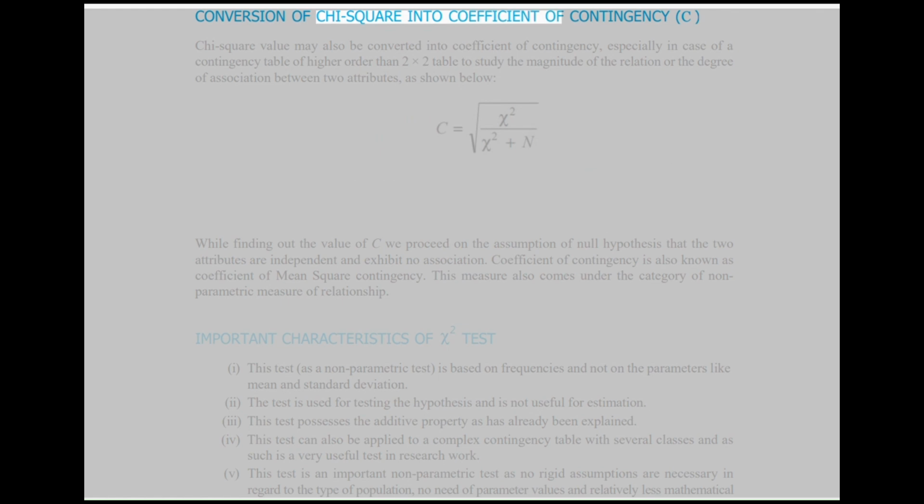Conversion of chi-square into coefficient of contingency, C. Chi-square value may also be converted into coefficient of contingency, especially in case of a contingency table of higher order than 2 times 2 table to study the magnitude of the relation or the degree of association between two attributes, as shown below.